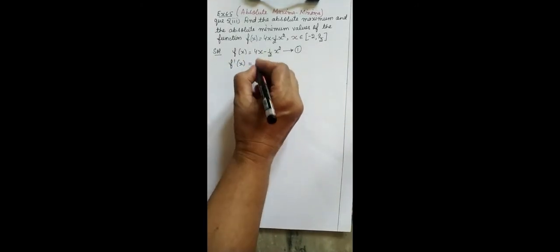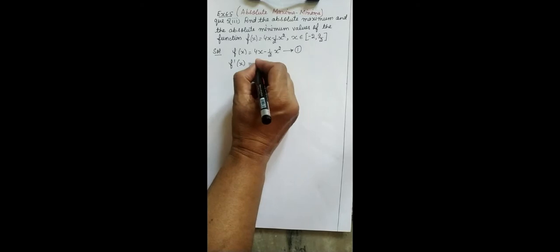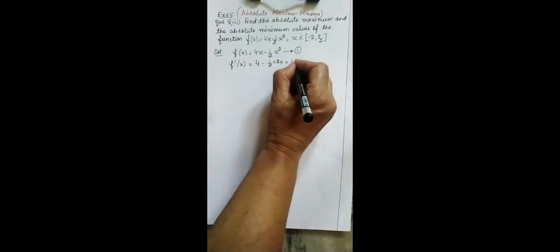So I have marked our function as equation number 1. Differentiate this with respect to x. I will be getting 4 minus, because 4 is a constant and the derivative of x is 1, it is half into 2x, which gives me the result 4 - x.